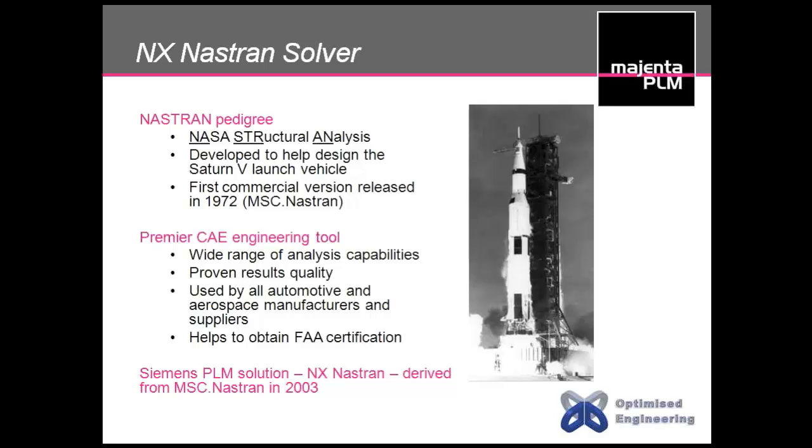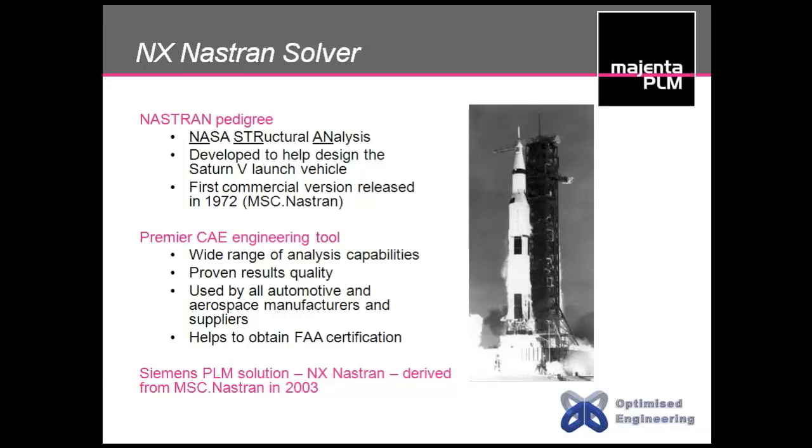Now, there's the NX Nastran solver, which ships with the standard bundle. Nastran is a name that many people would have heard. It's been around since 1972, originally developed by NASA, and again, there's an acronym embedded in that name. It comes from NASA Structural Analysis, and it was actually developed to help design the Saturn V launch vehicle.